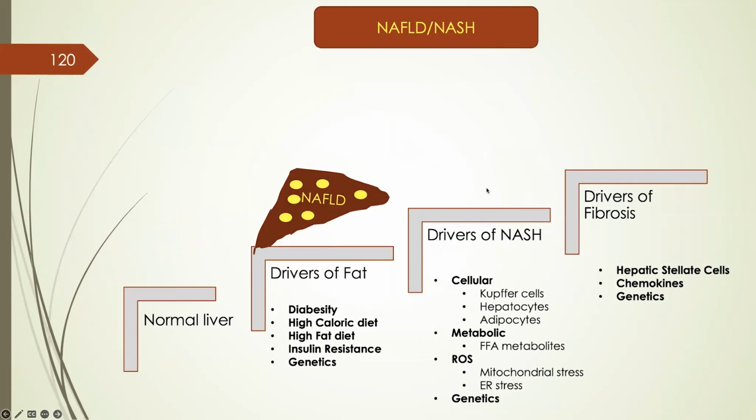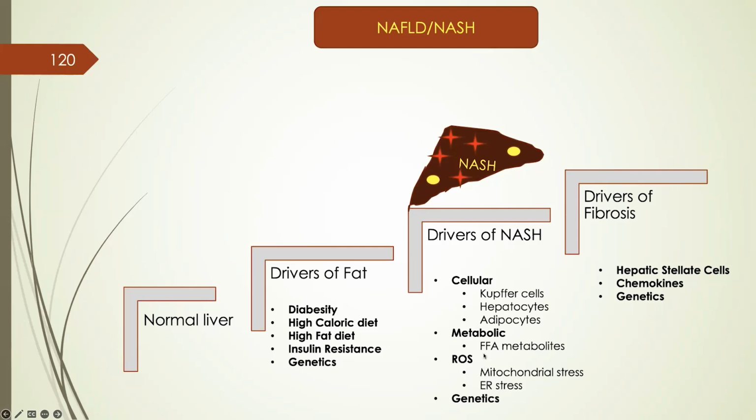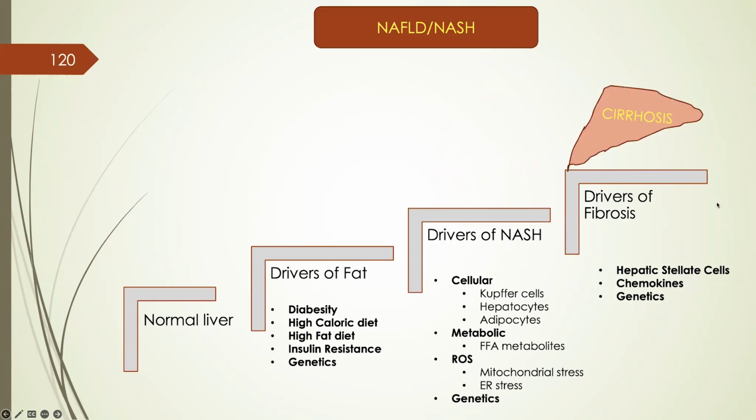Once fatty liver disease has occurred, you need a second set of drivers of inflammation in the form of Kupffer cells, hepatocytes, adipocytes, or free fatty acid metabolites, which lead to production of reactive oxygen species, which lead to disruption of the mitochondria, endoplasmic reticulum, cytochrome, and the peroxisome, which lead to production of inflammatory and cellular cytokines, which leads to development of fibrosis and cirrhosis of the liver.